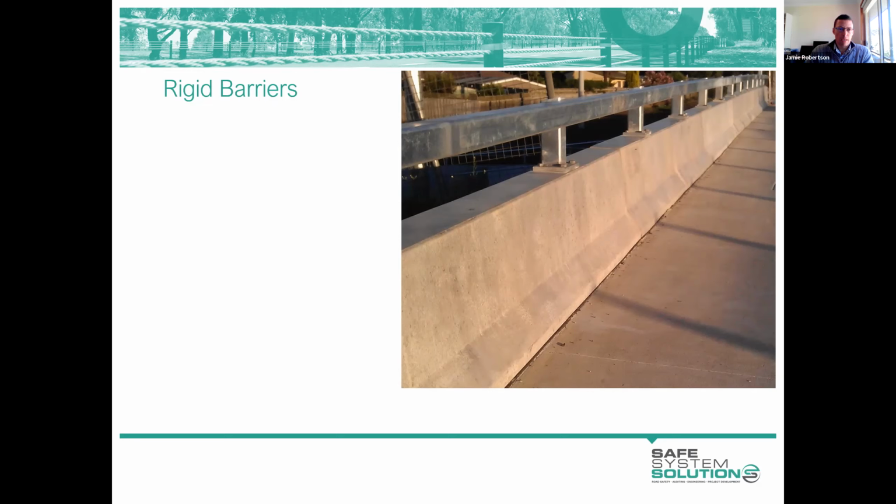So if we have a fairly contained road environment where there's not that opportunity to work up a severe exit angle, there's no issue with a rigid system. And a typical application would be on either side of a high-speed urban freeway, for instance.